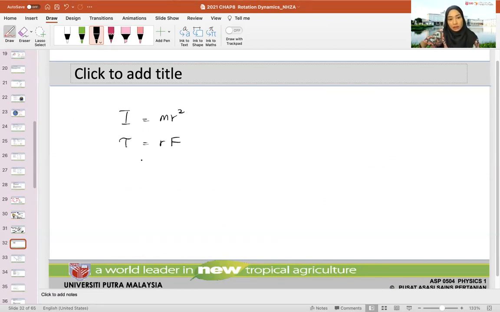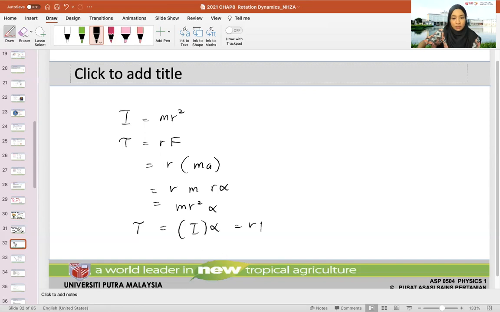So if we substitute F equals ma, and I substitute a as R alpha, I would get mr squared alpha, and this becomes I alpha. So this is another equation for torque apart from rF. This is your, sorry, 1, 2, 3, your third equation.